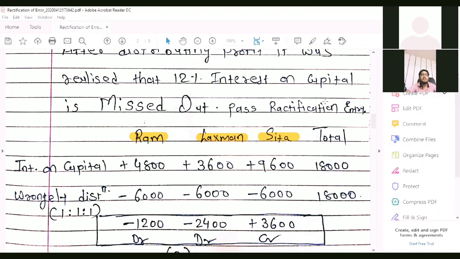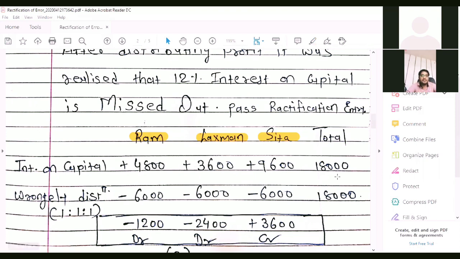This 18,000 we have already added in this partner's profit, right? So obviously it is given more. So you have to subtract it. So this 18,000 is wrongly distributed in partners' capital. Is it clear?